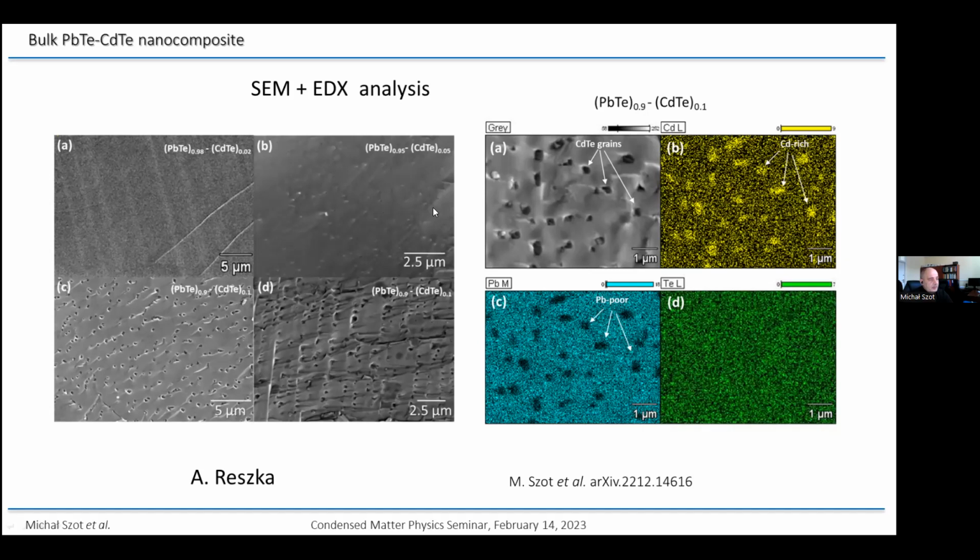But for samples which contain about 5 or 10% cadmium, we see very nice uniformly distributed grains with sizes of about 100 nanometers in the case of the 5% sample, and about 300 nanometers in the case of the 10% sample. If you look more carefully, we also see signs of some self-selecting processes present in our samples.